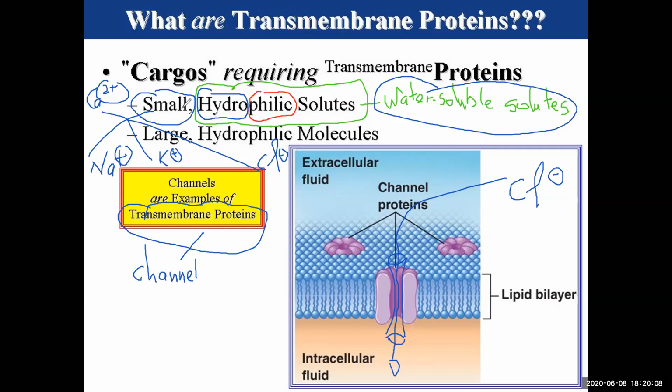Okay, so they're small size cargo that would fit in the channel, in the pore. So that's a pore, an opening, P-O-R-E, or a passageway inside the protein. These are transmembrane proteins. When they open up, there's a hole that basically opens up, and the outside of the cell and the inside of the cell become continuous, and then the electrolytes can move in or out depending on the concentration gradient.